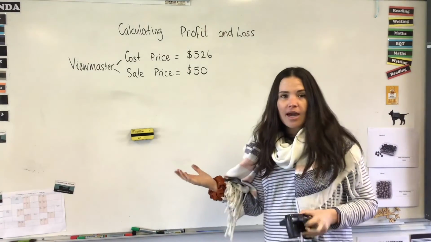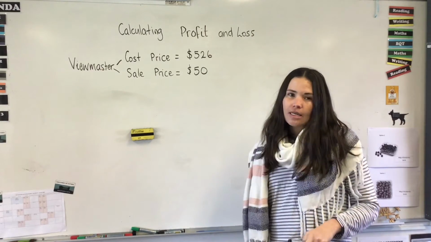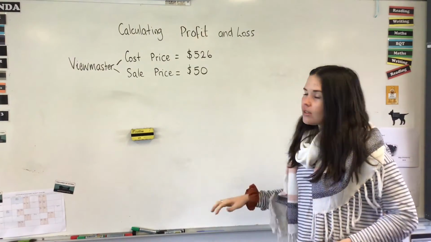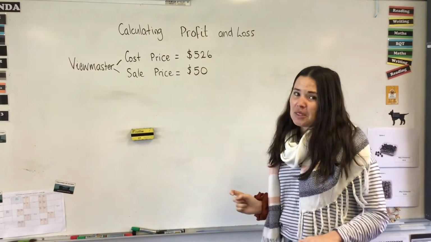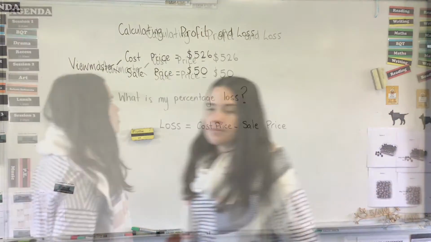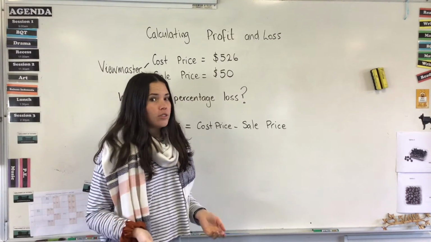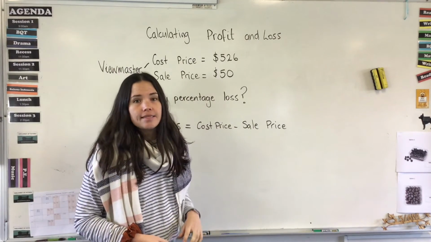So what I want to work out is whether I've made a profit or a loss and what that percentage is. Now, it's pretty simple to work out if it's a profit or loss. If we look at how much I paid for it and how much I sold it for, I've definitely made a loss. But what percentage loss have I made? So my first step here is to calculate how much money I've lost. To do that, I need to find the difference between the cost price and the sale price.